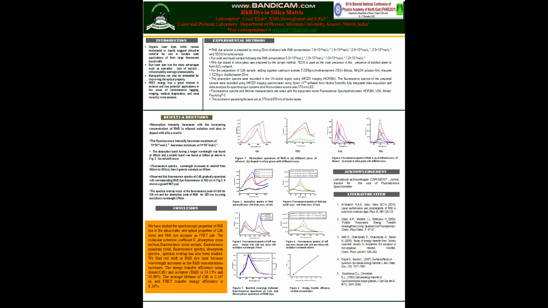For fluorescence spectrum, we can see that emission transitions start from vibrationally lowest lying level of first excited state S1 and end at vibrationally ground electronic state. From the absorption graph, we can calculate the molecular absorption coefficient also. And for fluorescence spectra, wavelength increases from 592 nanometer to 593 and constant at 593 nanometer onwards.